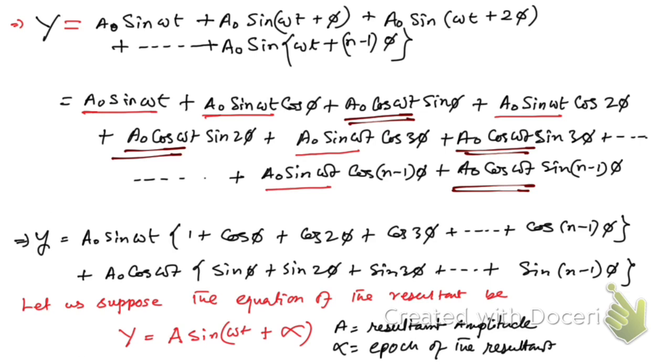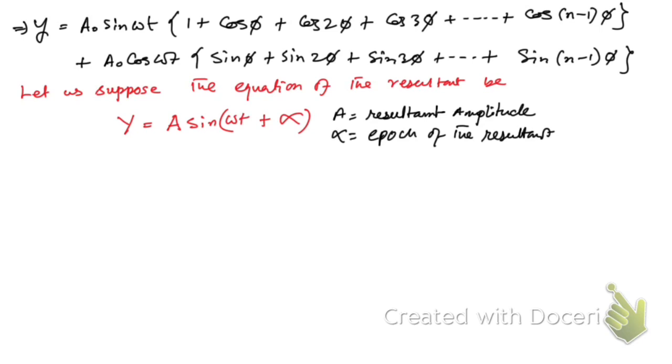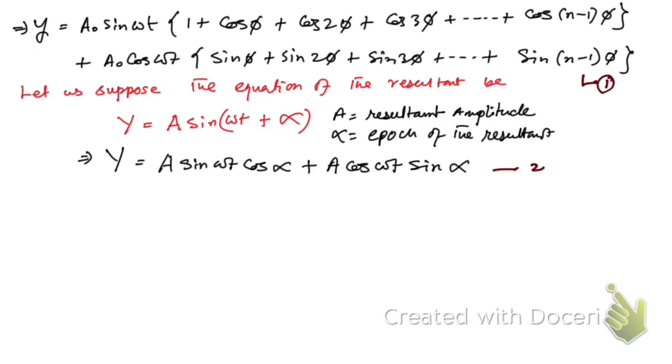Okay, so now if we expand this resultant, y is equal to A sine omega t cos alpha plus A cos omega t sine alpha. So here, this is equation 1 suppose, and this is equation number 2.